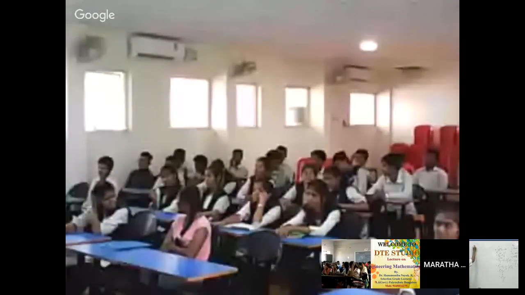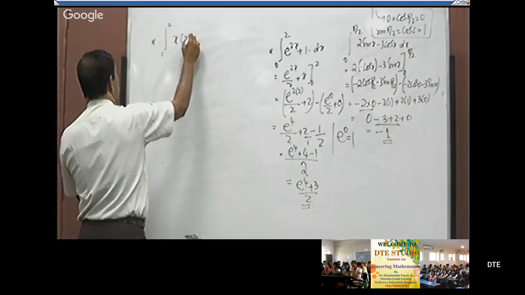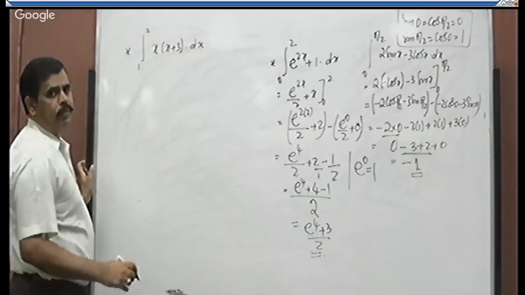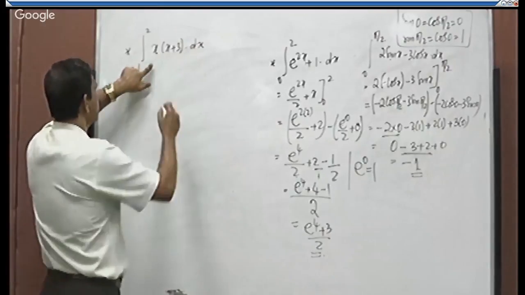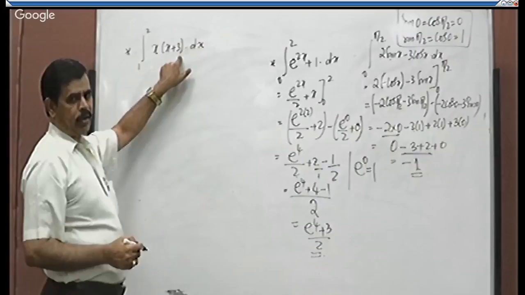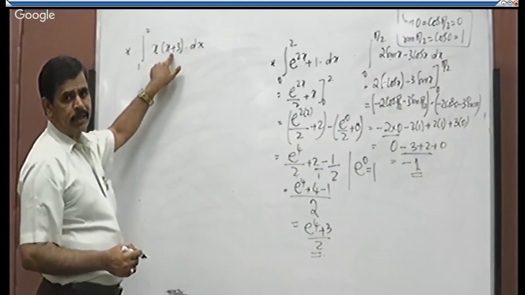Next problem, integration of 1 to 2, x into x plus 3, into dx. If x into x plus 3 is there, two terms which are in product, we can multiply them, correct?